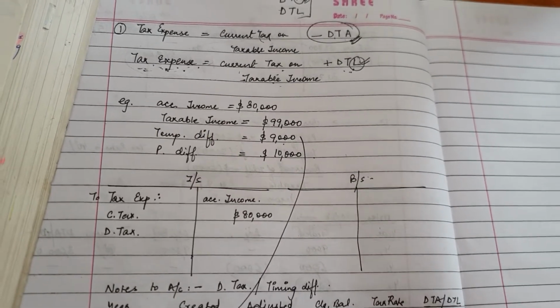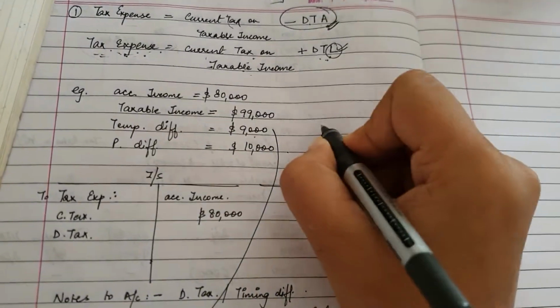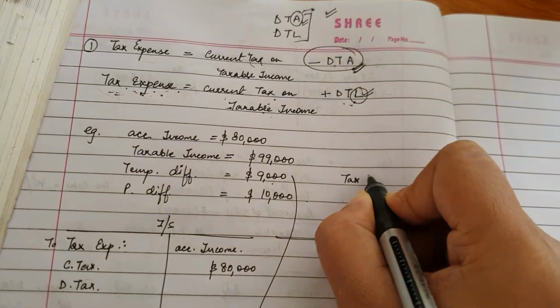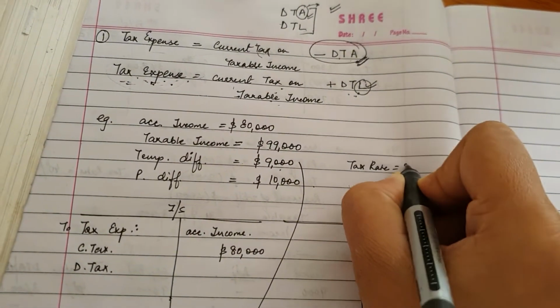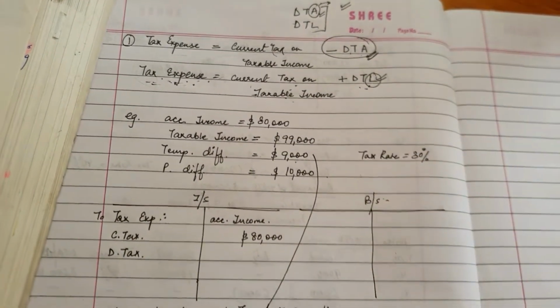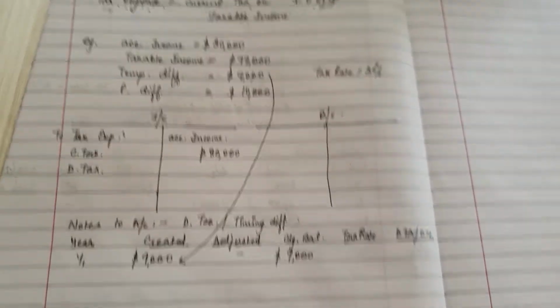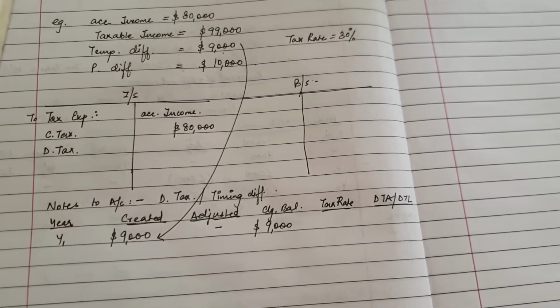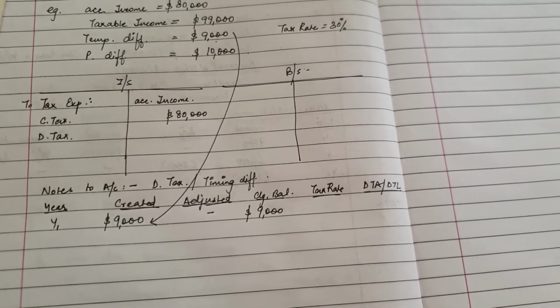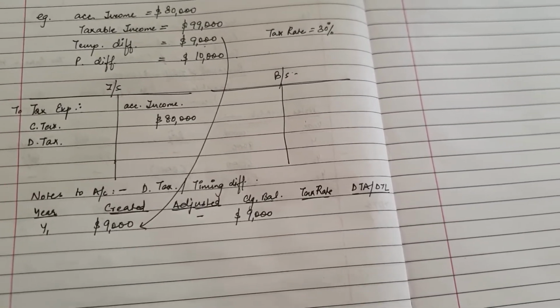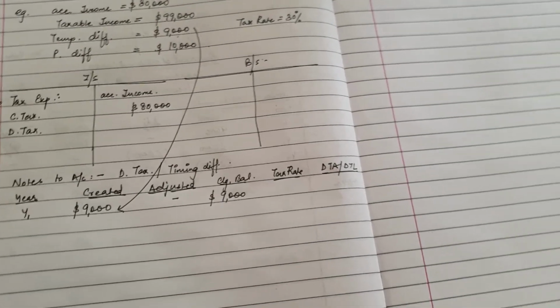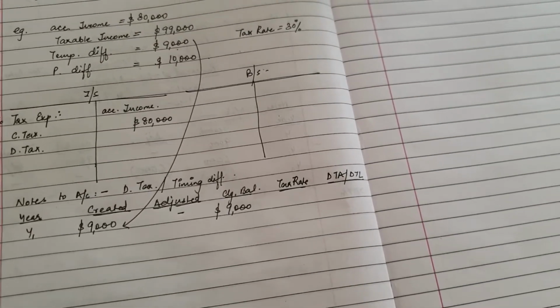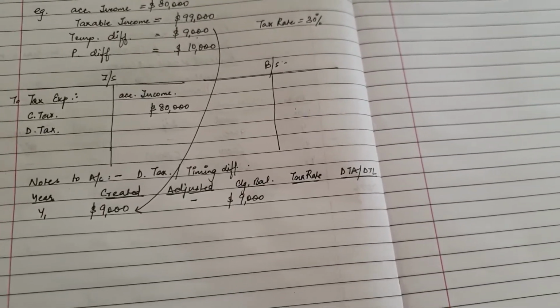Now we have the tax rate. I think I forgot to give the tax rate. The tax rate as of this year one is 30%. Now, FYI, in US GAAP, we always use the enacted rate. Enacted rate is basically the rate of the year in which we expect the deferred tax asset or the liability to get reversed.